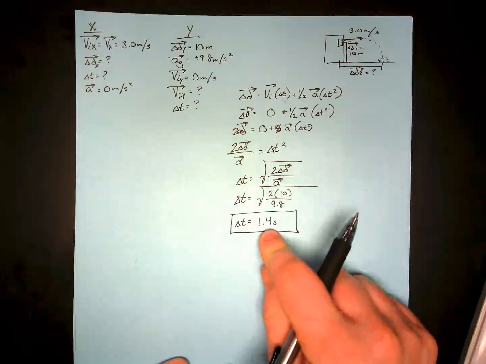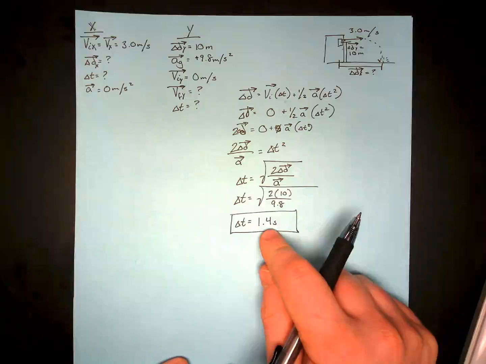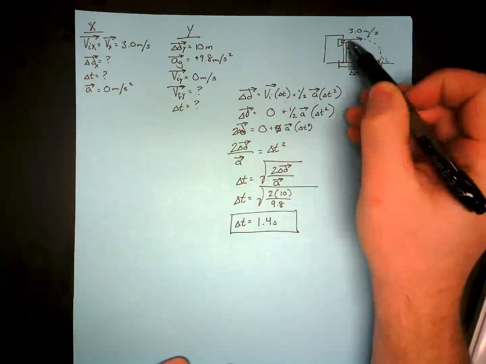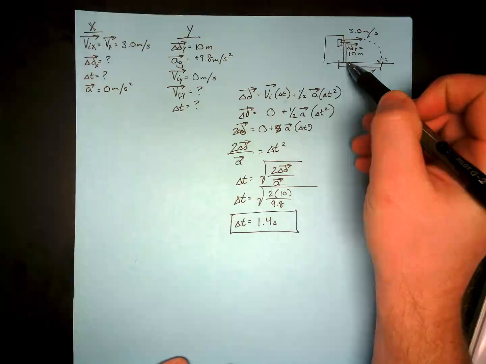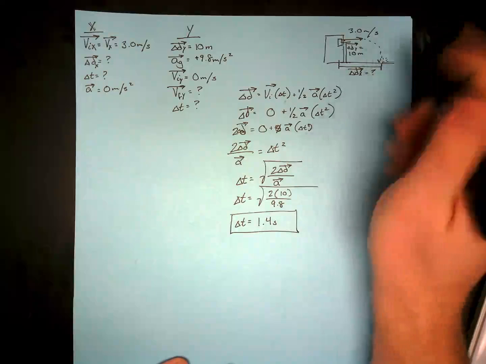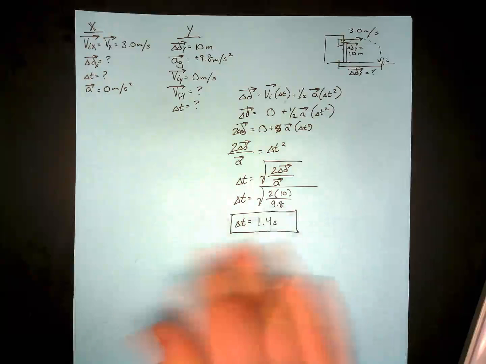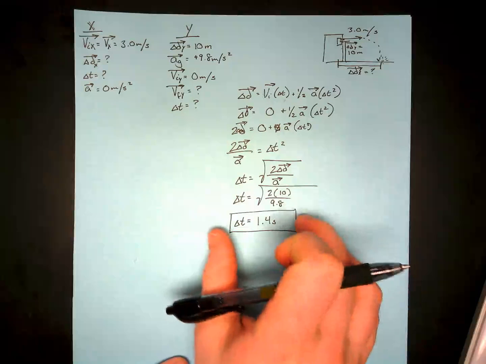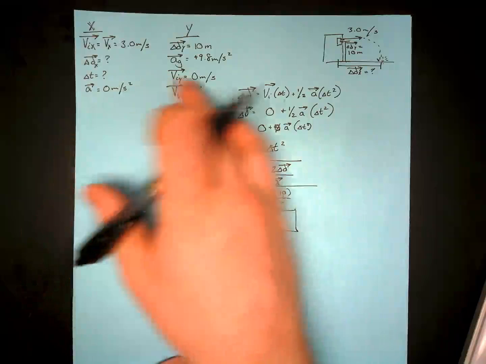So the time is the same for the trip from here to here as it is from here to here. It just so happens that when you put them together, it's going to be out here. That's why, generally speaking, this is the answer for both the x-axis and the y-axis.